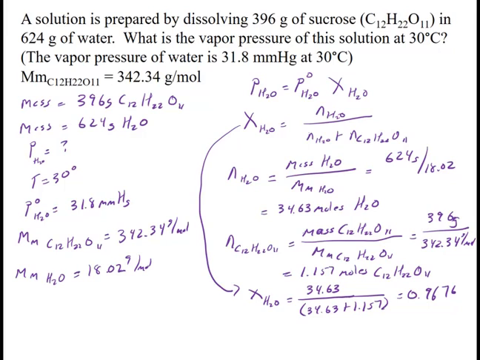Alright, and so now that I have the mole fraction, change colors here, now I have both the vapor pressure of the pure water, and I have the mole fraction of water.